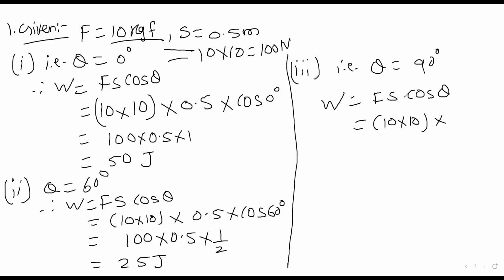Into cos 90, cos 90 is 0, त्यामुळे 0 joule. Yes, लिहावं लागेल. झालं? Done? No sir. Great. ओके. नाही झालं? एकच मिनिट सर. अच्छा.